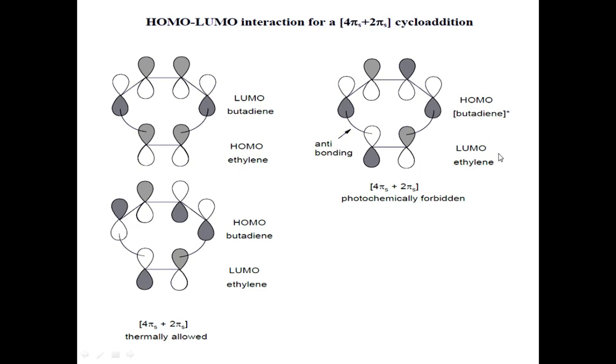So this is for the thermally allowed 4s and 2s reactions, LUMO-ethylene and HOMO-butadiene, and also HOMO-ethylene and LUMO-butadiene. It is antibonding, and the photochemical reaction is forbidden. So the 4s and 2s is thermally allowed but photochemically forbidden.